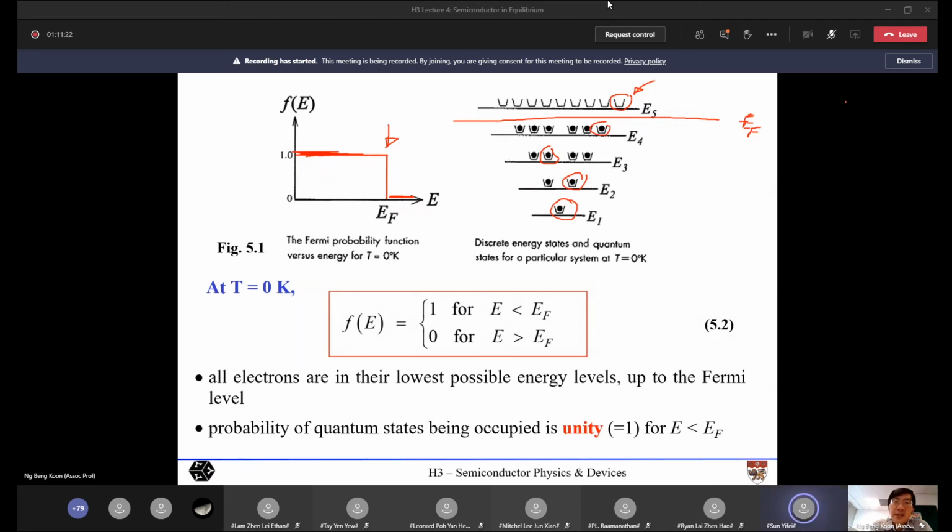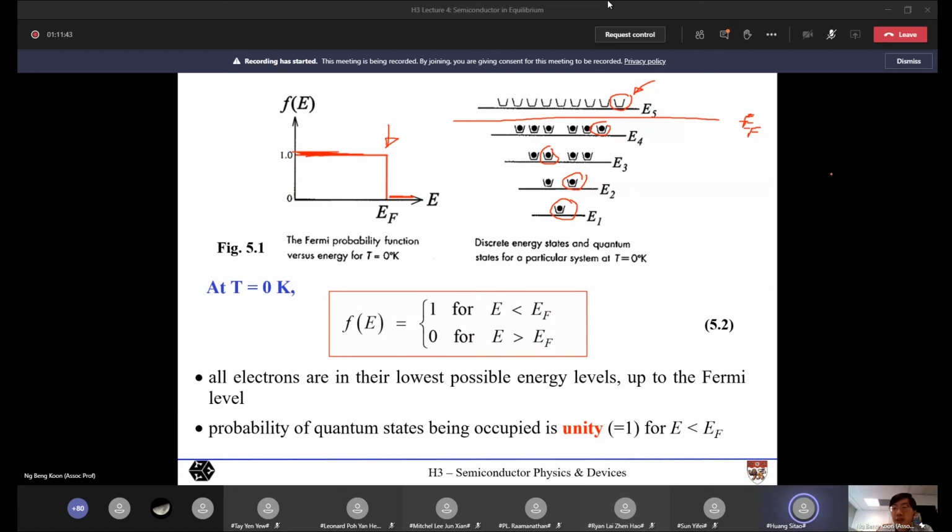Okay, thank you. So hello, Professor. For the formula, if you sub in E equals to the Fermi level, then you will get half. But how do you explain that? Okay, this one is later. Later I'll cover that.